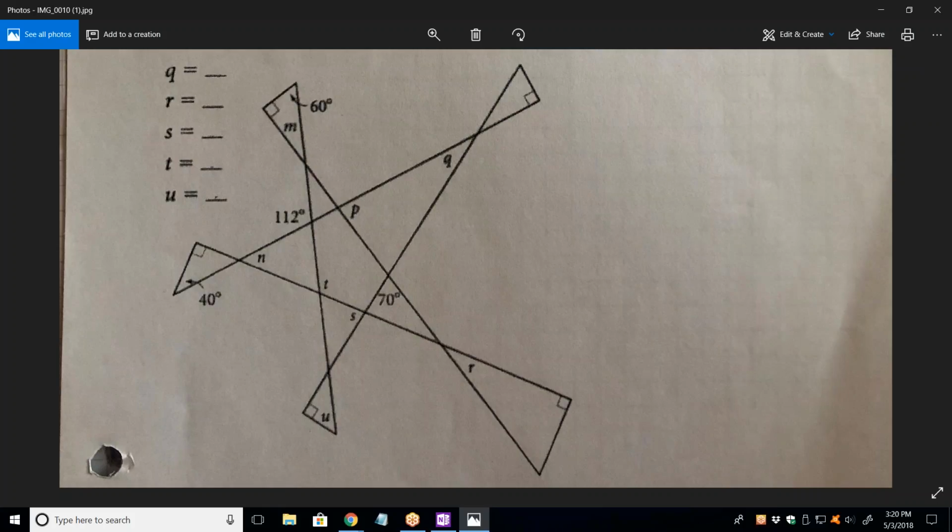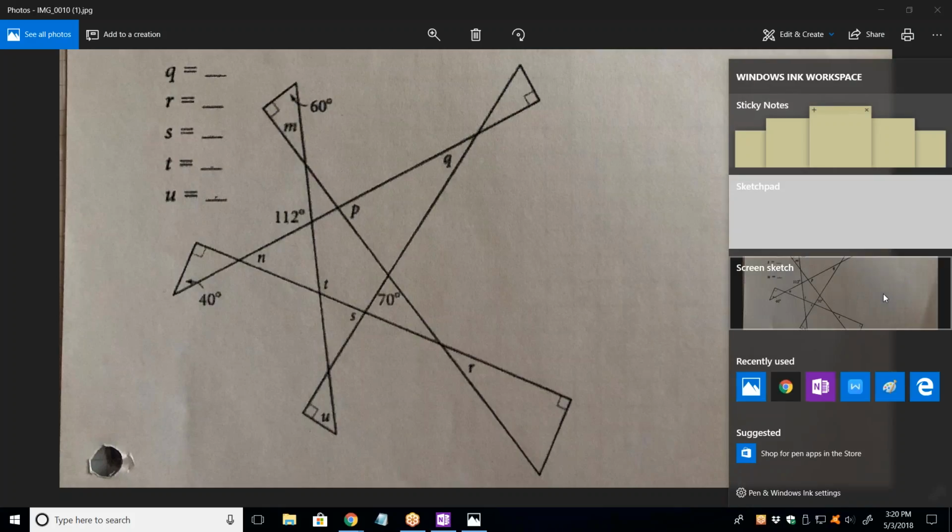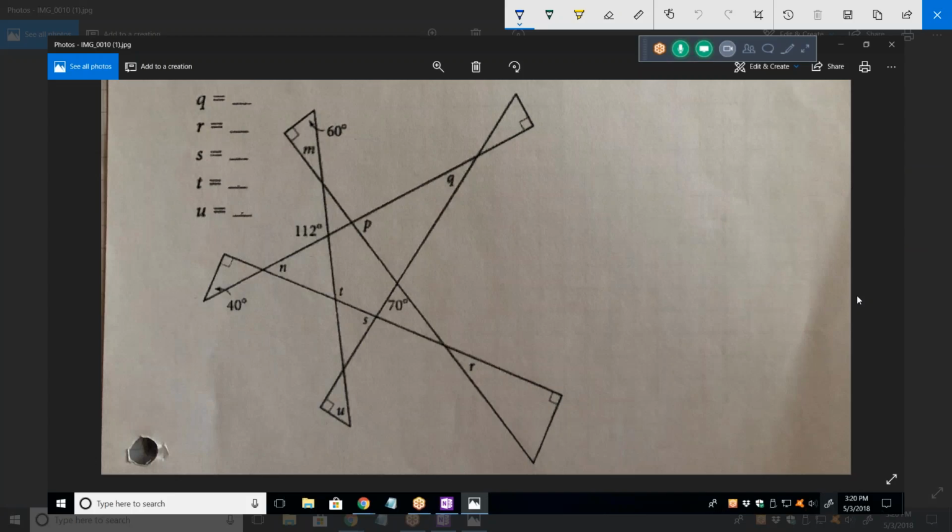Oops, hold on. What looks like angle M? What is that? Angle M? M, as in Mary. Wouldn't it be 30 degrees because 90 plus 60 is 150?